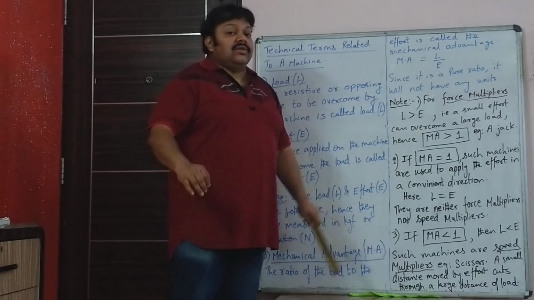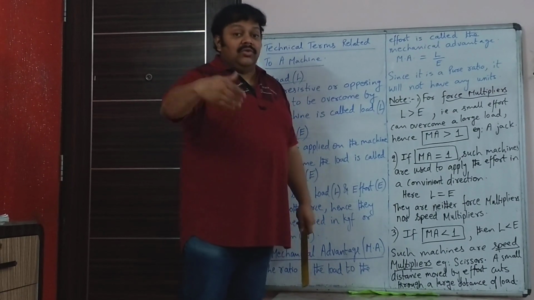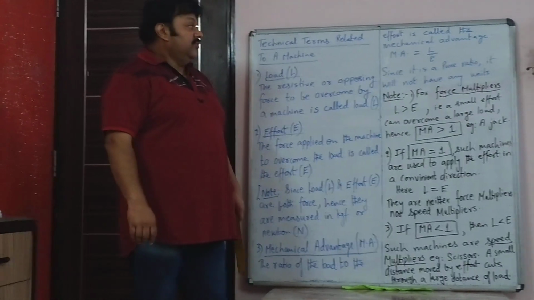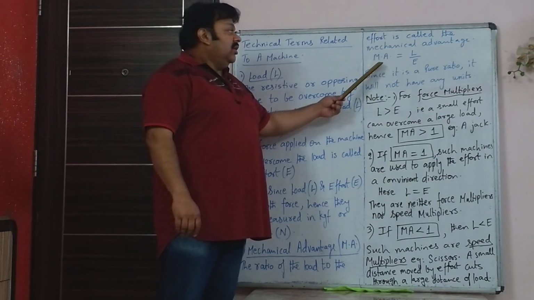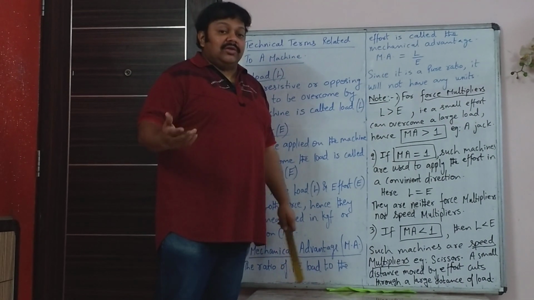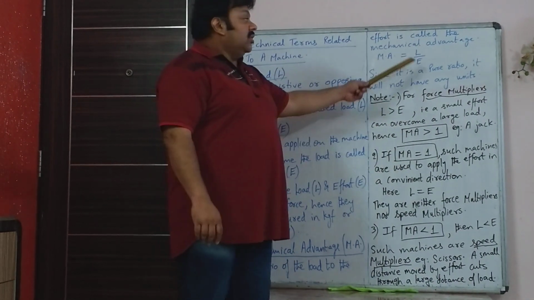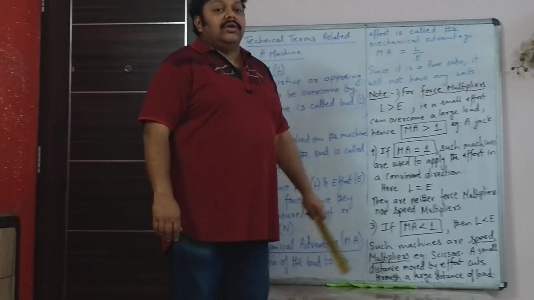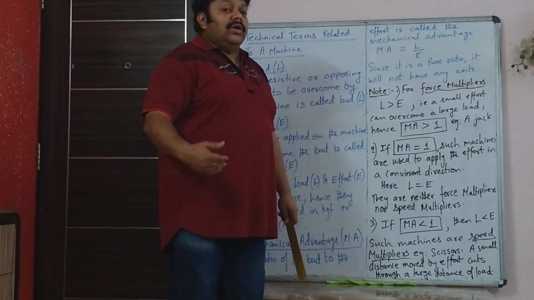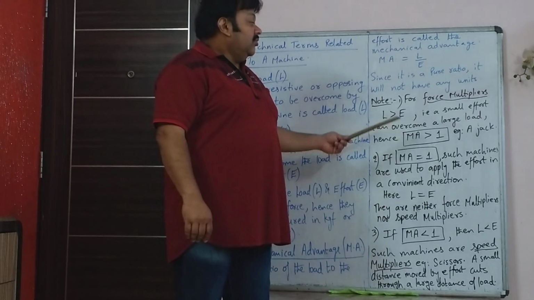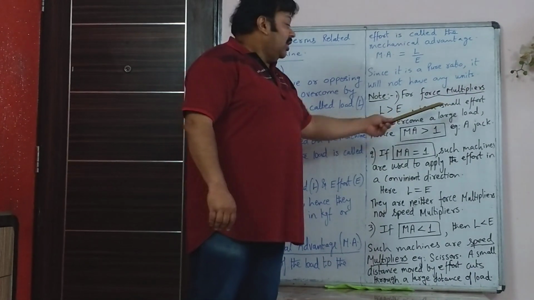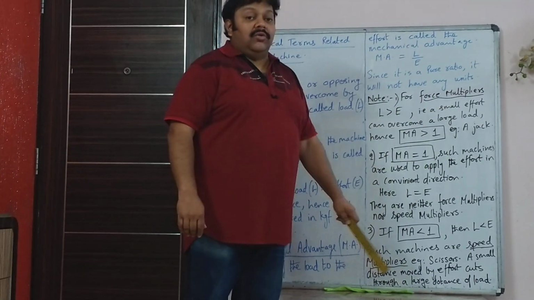Now the MA has a lot of significance when you come to know what type of machine it is. For example, if the MA of the machine is greater than 1, it means that the numerator is greater than the denominator, or load is greater than the effort, which means that a small effort can overcome a large load.